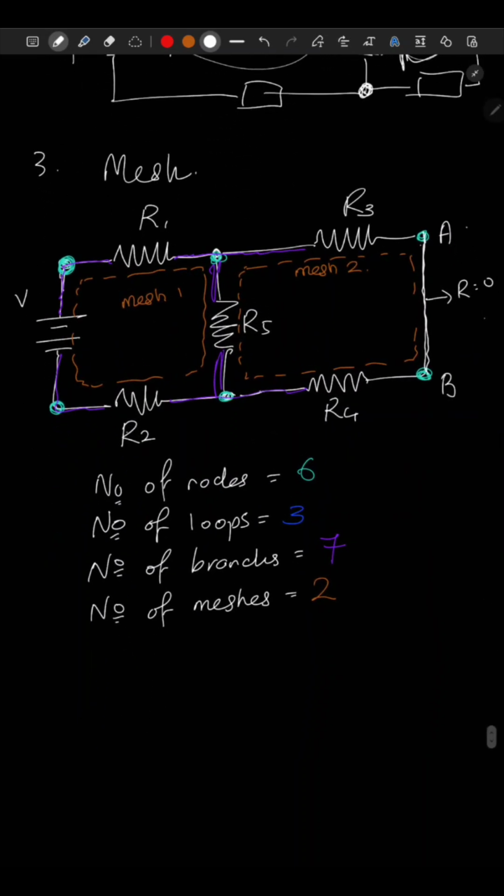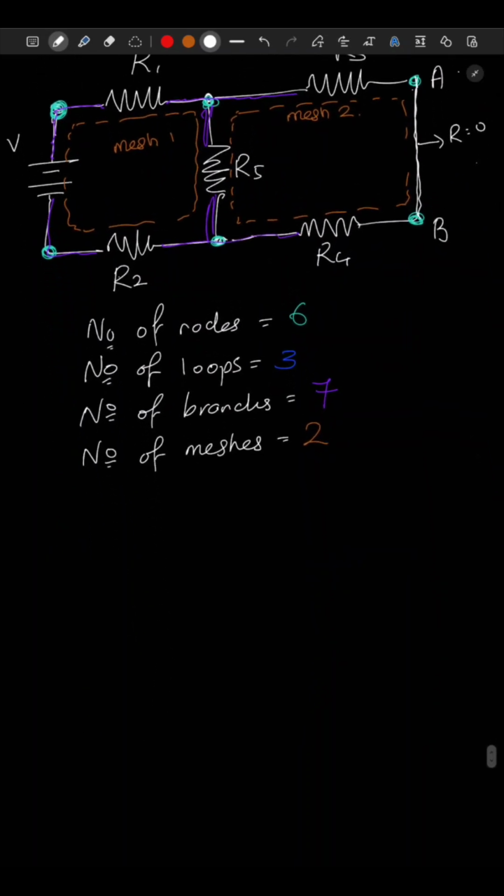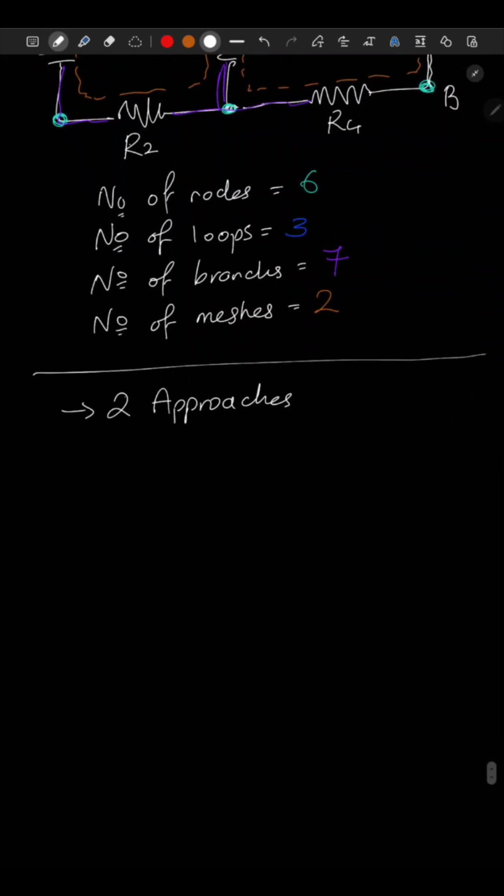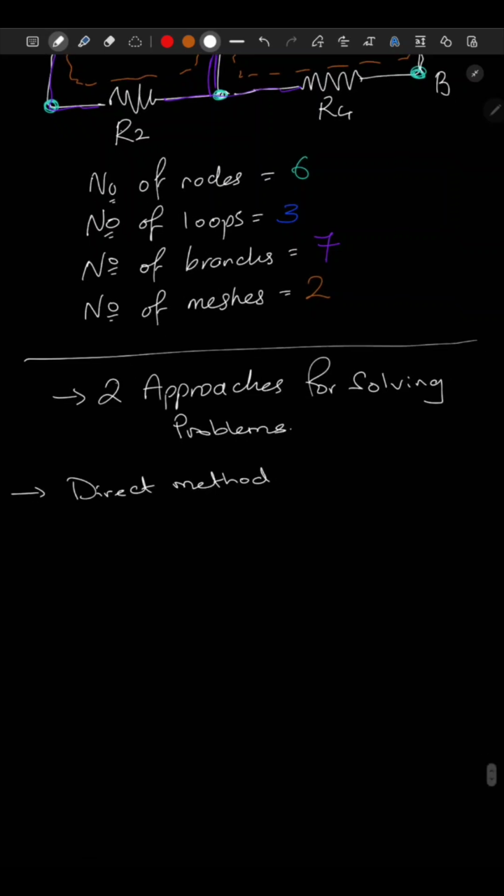Now let's see how we solve problems in electric circuits. So there are two approaches for solving problems. The first one is a direct method. This is for simple circuits.